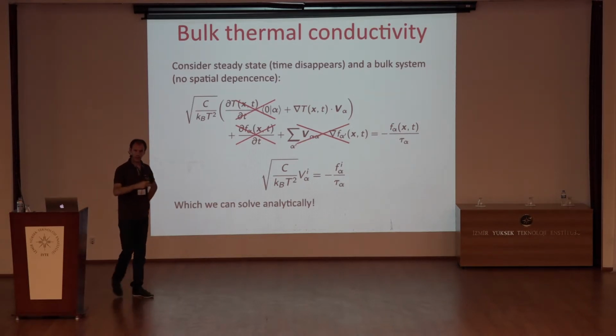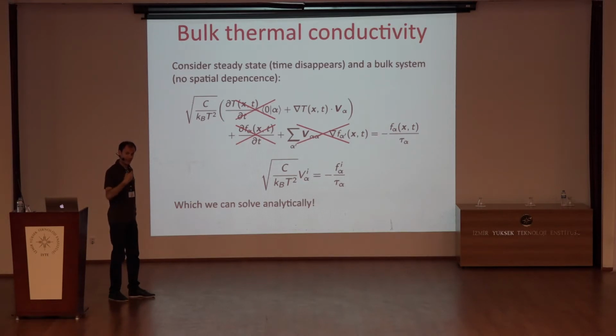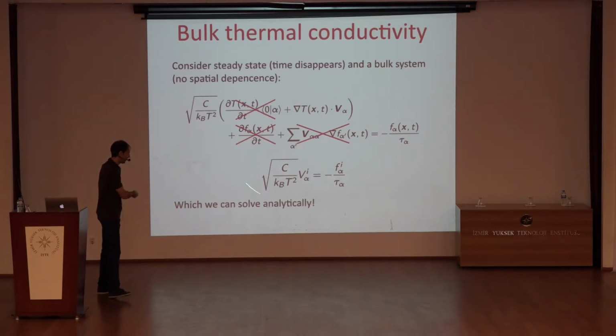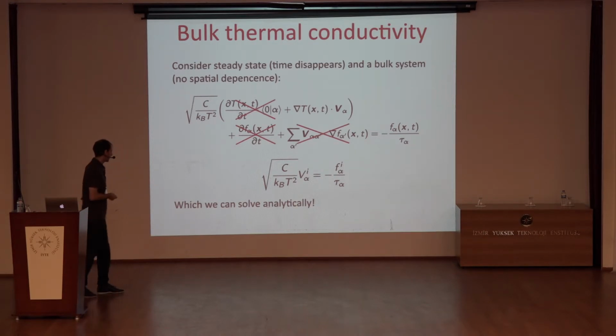Of course, an advantage with respect to the relaxation time approximation is that this time we're not adding any other approximation on top of the Boltzmann transport equation. And you can use the result and plug it back into the definition of the thermal conductivity.